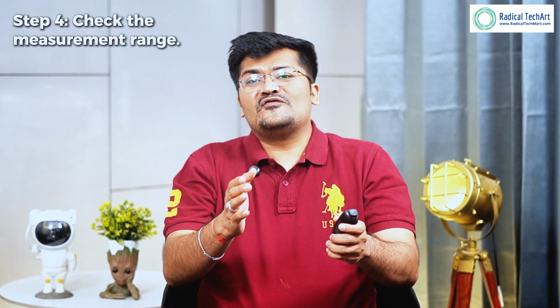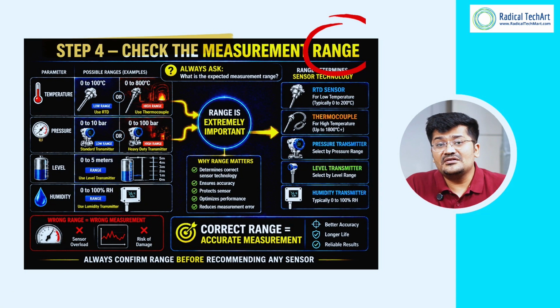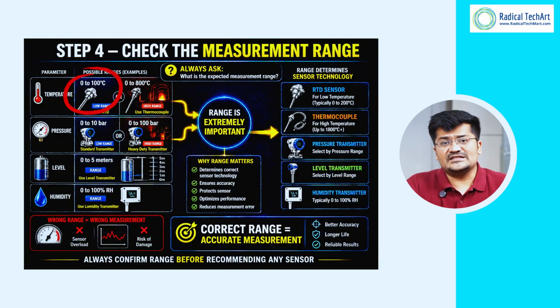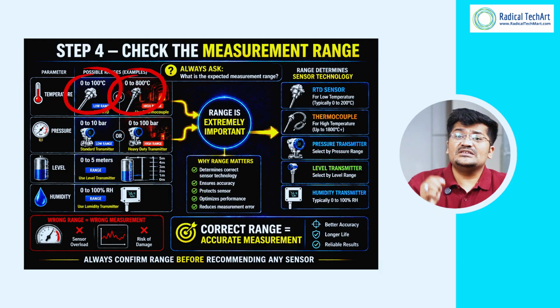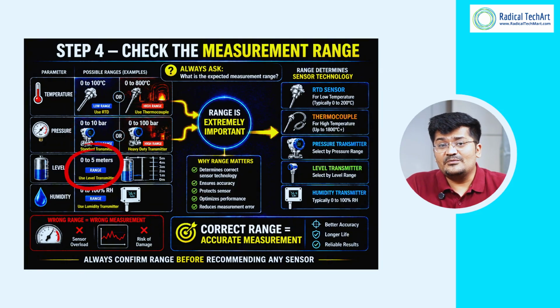Now, move to the fourth step. Check measurement range. Always ask, what is the expected measurement range? For example, temperature may be 0 to 100 degrees Celsius, or it may be 0 to 800 degrees Celsius. Pressure may be 0 to 10 bar or 0 to 100 bar. Level measurement may be 0 to 5 meters.